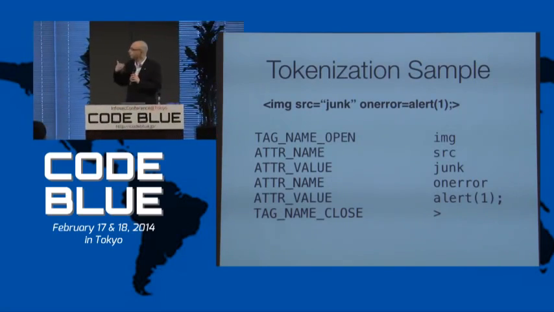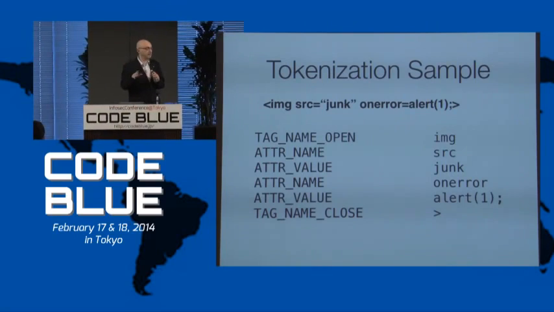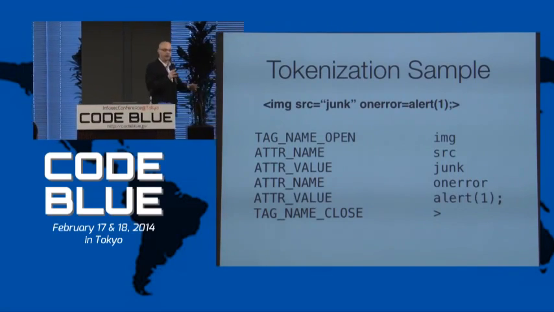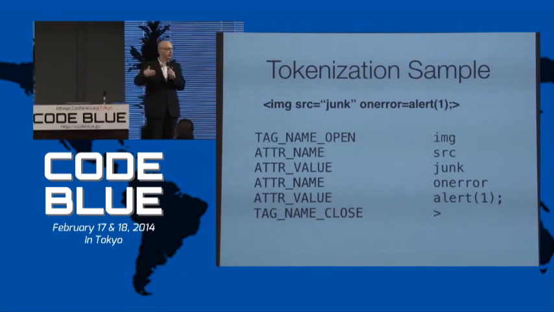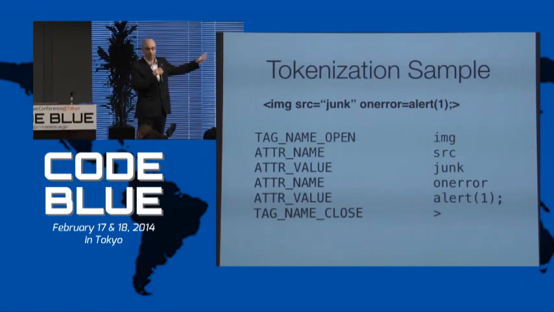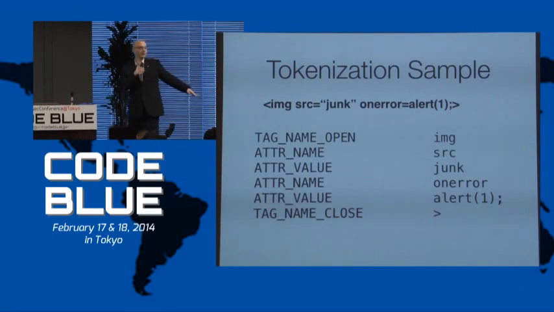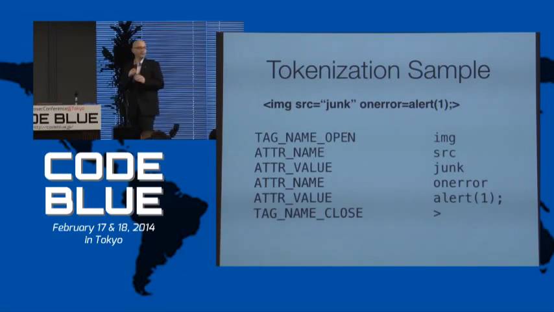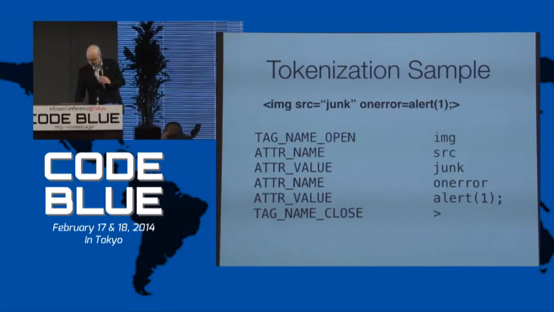Now, most user input, if it's not HTML at all, like just from your web page or website, please enter your name, most of the time is going to emit nothing, just one big blob, because it's not actually HTML, right?